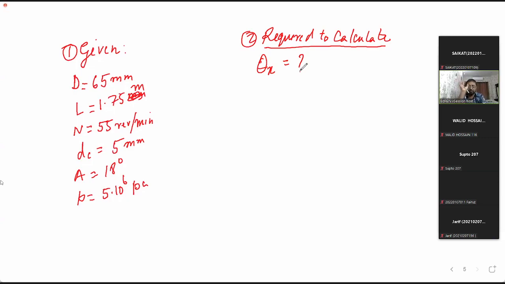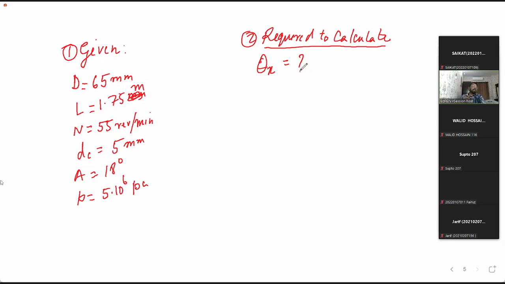If you can write this, I think you have understood the question. Be careful while writing: all information must be taken from your problem.